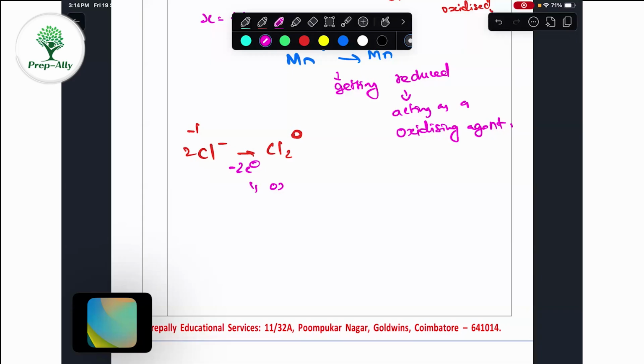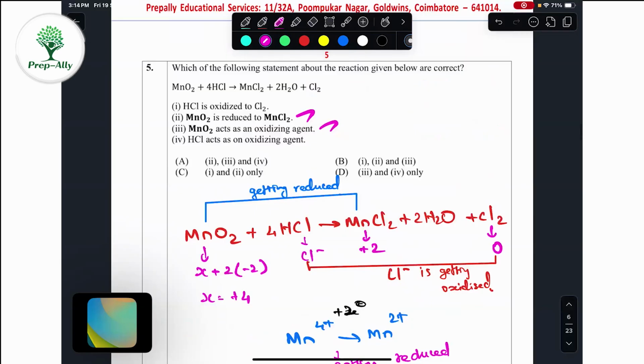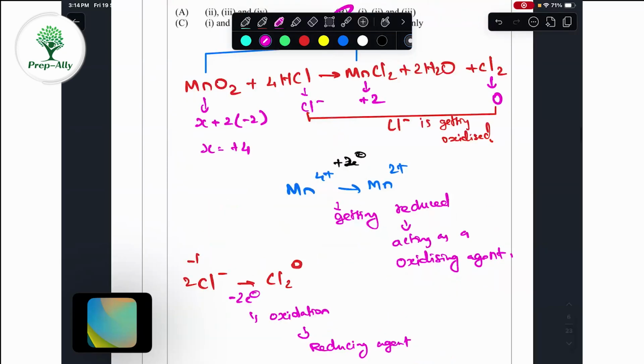So it is a reaction belonging to oxidation. Cl minus is undergoing oxidation. Then I can say it is acting as a reducing agent. So this statement is wrong, but Cl minus is oxidized. So statements 1, 2, 3 are correct. So option B is going to be the correct answer.